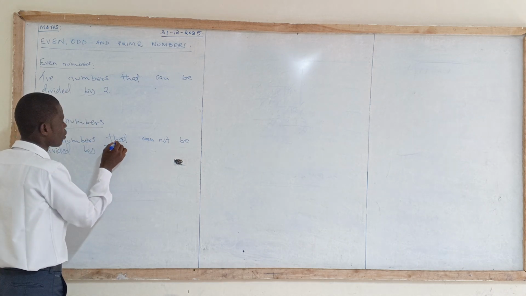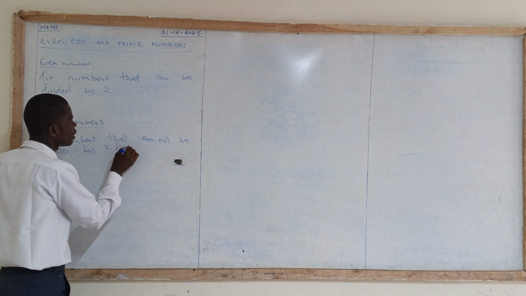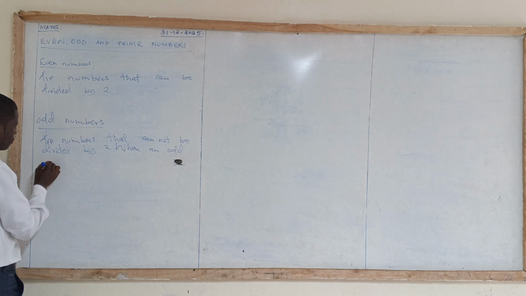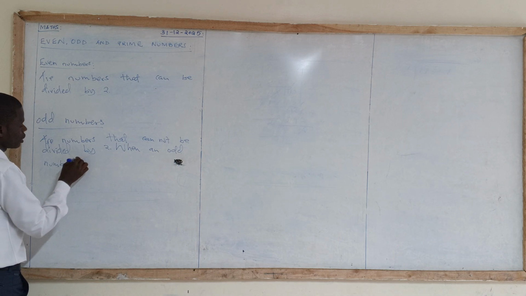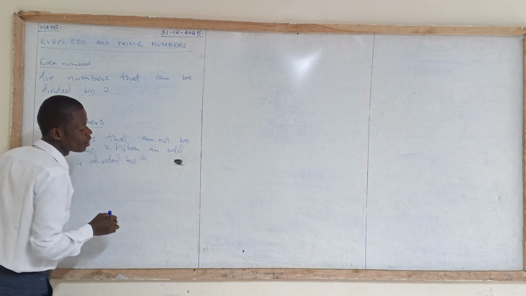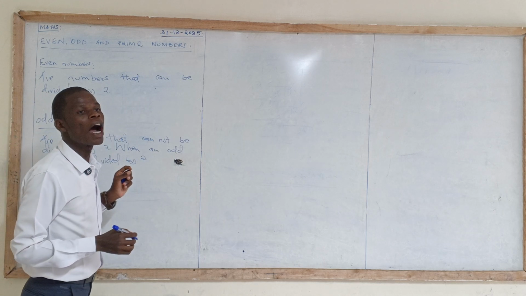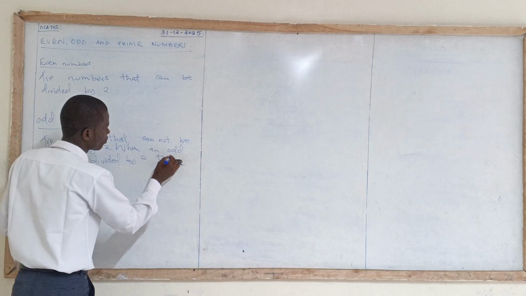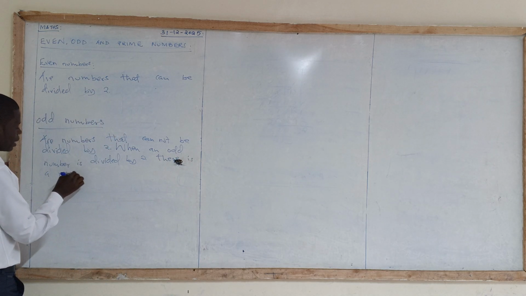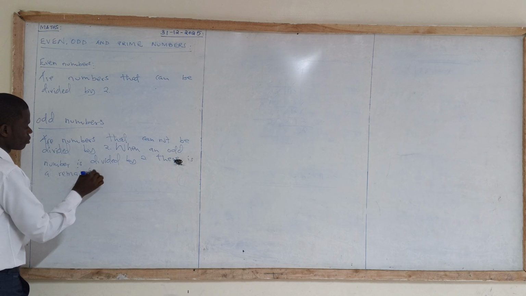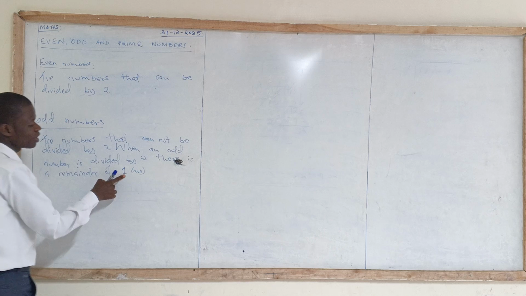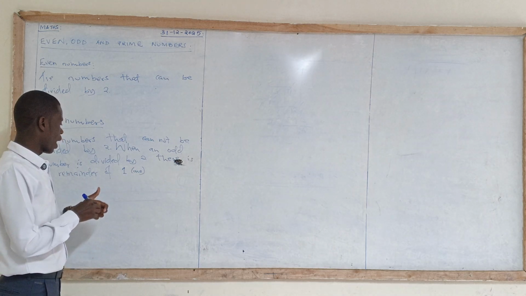Or we can say that when an odd number is divided by 2, there's a remainder of what? 1. There is a remainder of 1. So I'm writing in figures and also in words.